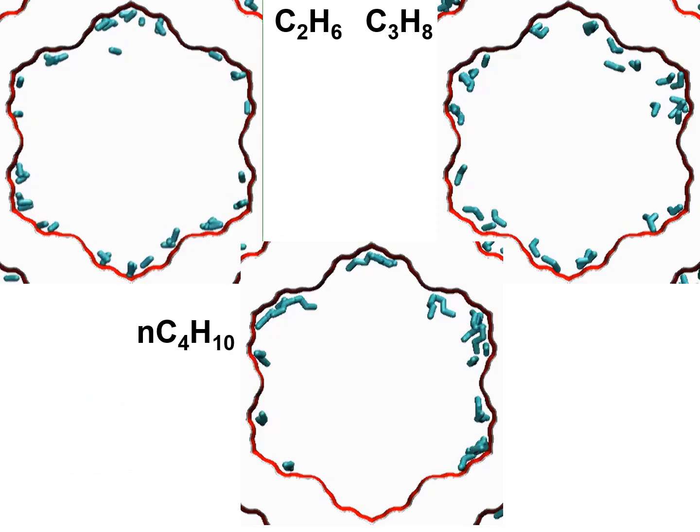Let's have a look at three other gas molecules. This is ethane. None of the ethane molecules appear to have entered the central core region.